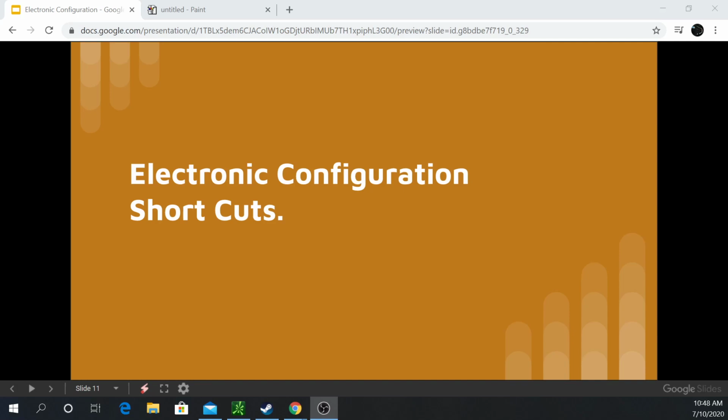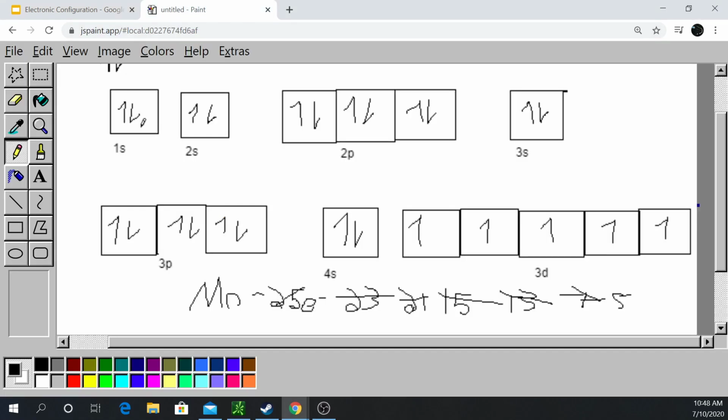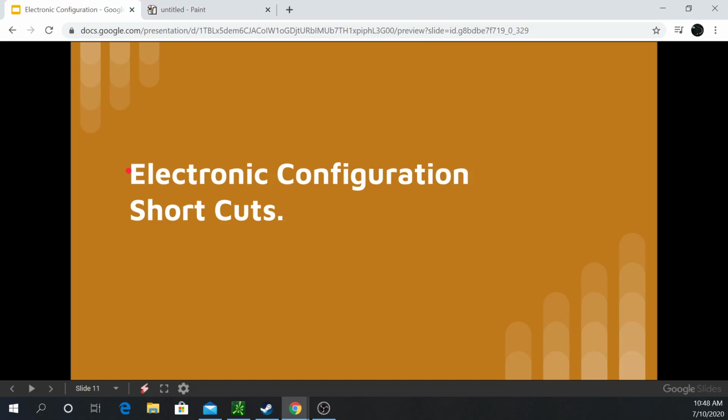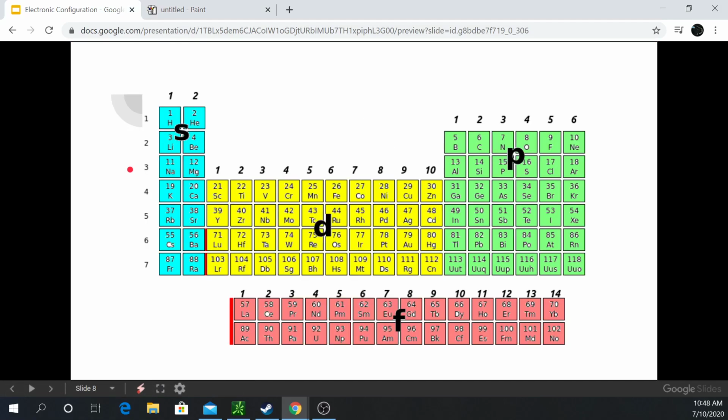One of the reasons why we want to do the shortcuts is that in the previous process that we did, we had to draw out every single electron. And to be perfectly honest, that's kind of a pain to do, especially if you were going to do something like barium.